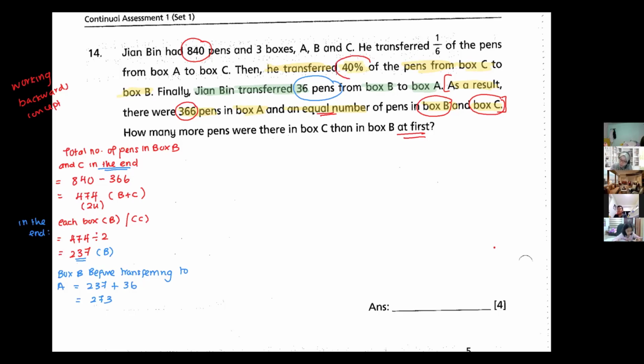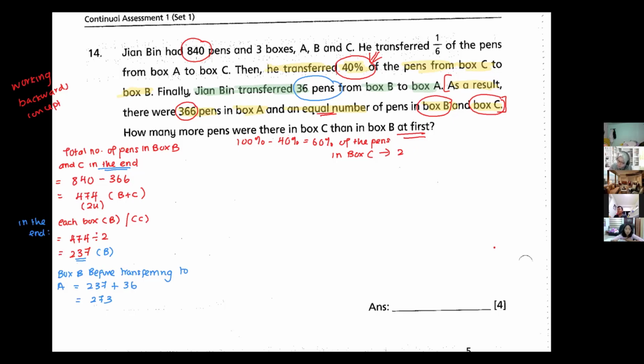If you transfer 40%, you take 100%, take away your 40%, and you're left with 60%. 60% of the pens are in box C. I want to find 40%, because when I take out 40% from box C, I have a balance of only 60%. And that 60% is actually 237.